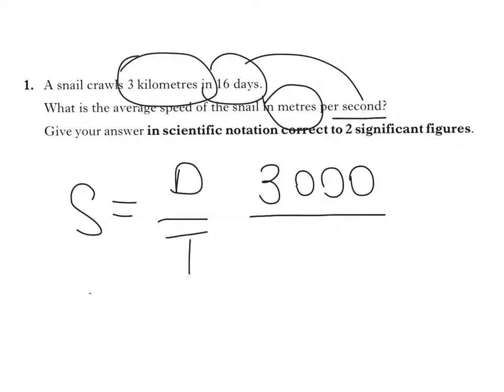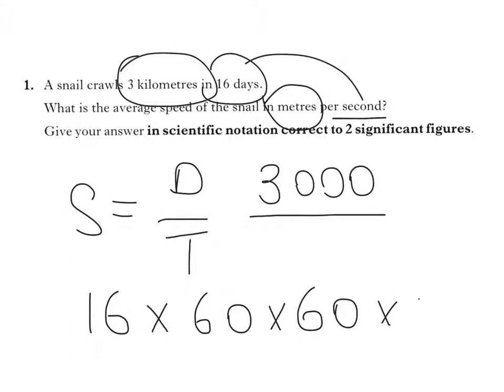So if you think about 16 days, well that's 16 lots of 60 seconds in 60 minutes in 24 hours. So 60 seconds, 60 minutes in 24 hours, that's a day, times 16.